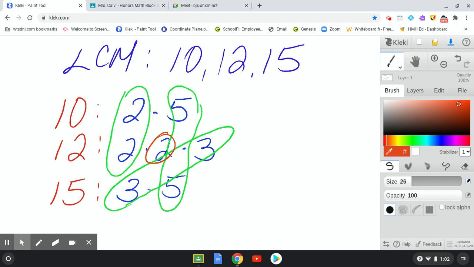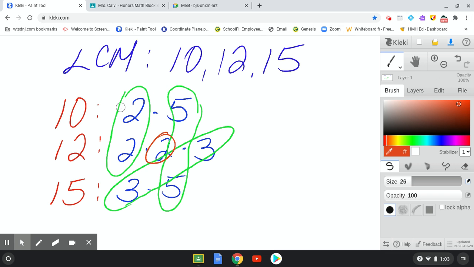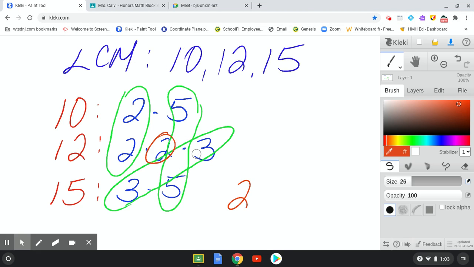So what I'm going to do to find my LCM, I'm going to take one number from every circle. So here I have 2 2s circled, but I'm only taking 1 from that circle. Okay. My 3s, I have 2 3s circled, but I'm only taking 1 from that circle. And what I'm doing is I'm going to be multiplying these. All right.